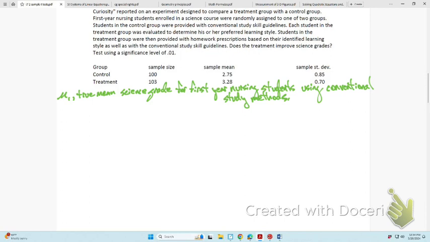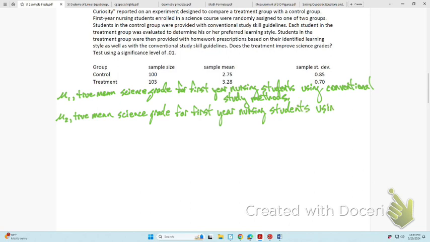Group 2, true mean science grade for first-year nursing students using homework prescriptions based on learning style.